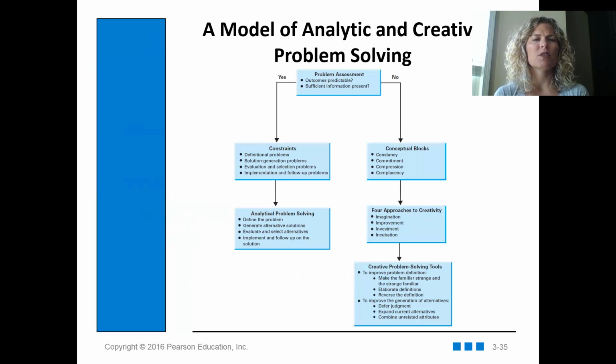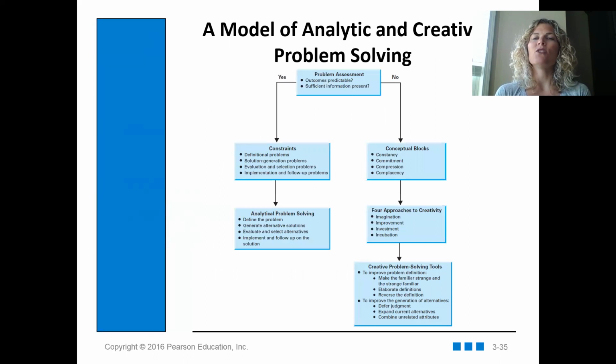So in this particular chart or diagram here, you can see this idea. When you're assessing the problem, if you think the outcomes are predictable, if you think you have all the information needed, that typically leads you to more of the analytical approach, right? But if you're looking at a problem and you're really not sure what the problem even is, there's a lot of information missing, it might force you to be more creative, right?